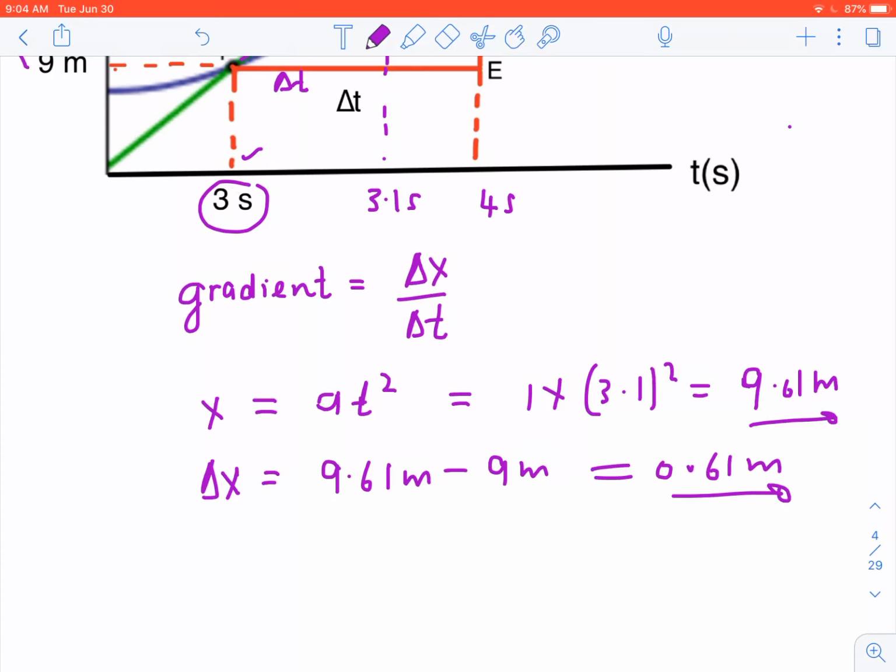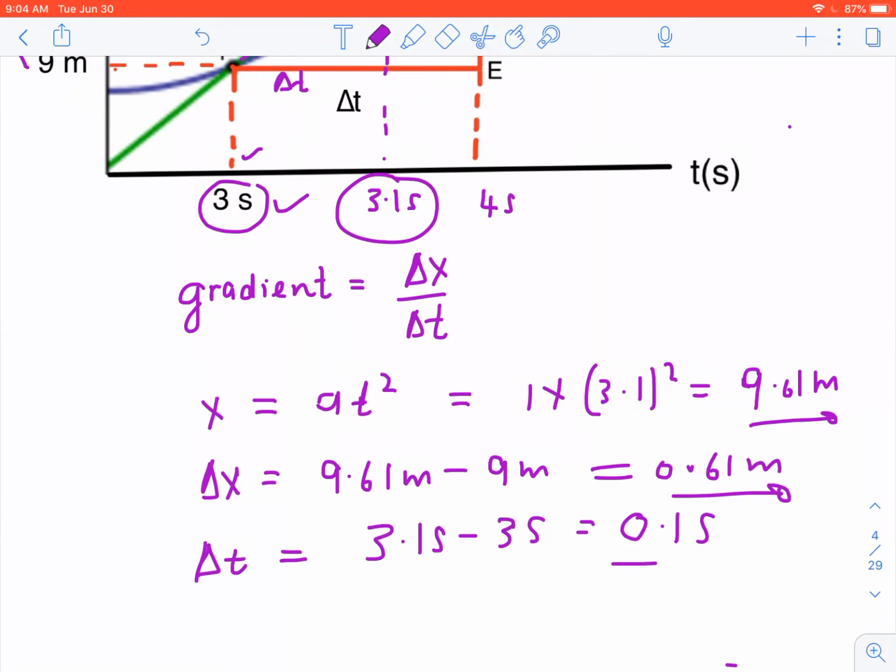Our change in time is equal to that minus that, which is 3.1 seconds minus 3 seconds, and that gives us 0.1 second. So we got our change in x and we got our change in t.